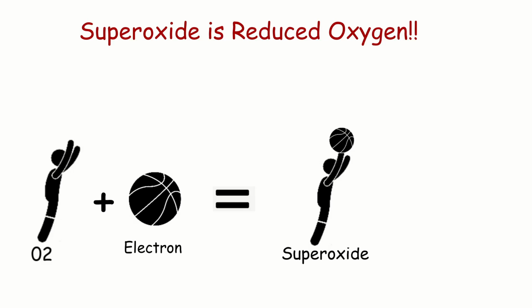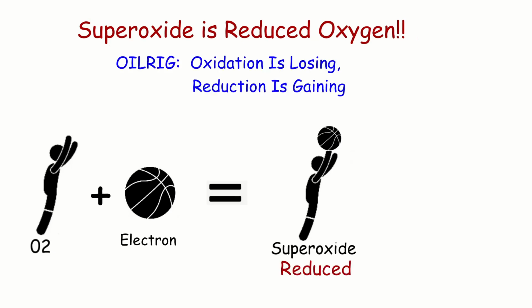That is the idea that there's too much NADH and not enough NAD+. That's the idea of reductive stress. It just means too many things are reduced. Again, because OIL RIG: oxidation is losing, reduction is gaining. So when too many NADH have electrons, they're all reduced. The cell's in reductive stress.